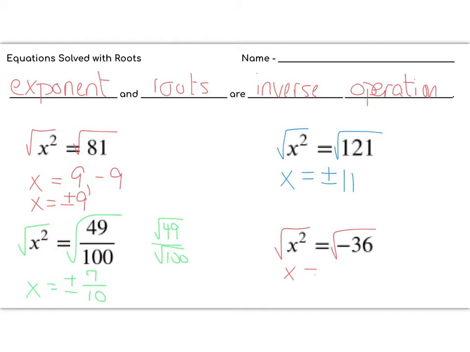Nothing times itself equals negative 36. 6 times 6 is 36, and negative 6 times negative 6 is positive 36. Nothing times itself equals negative 36. So for now, to us, this equation has no solution. Can't be done.